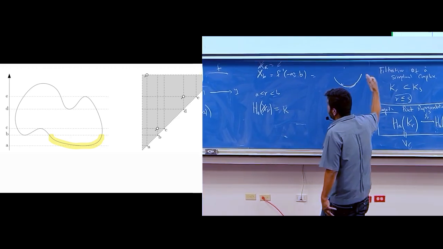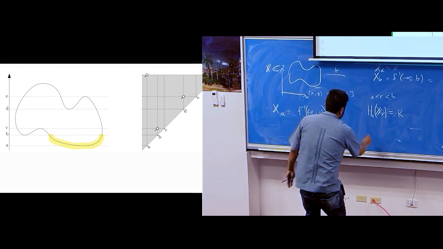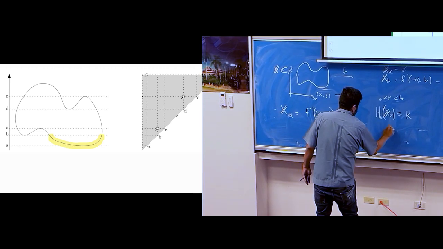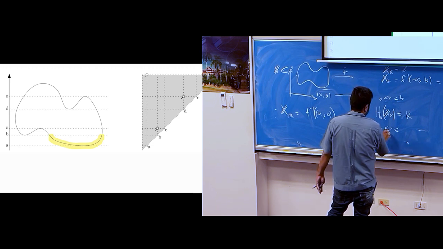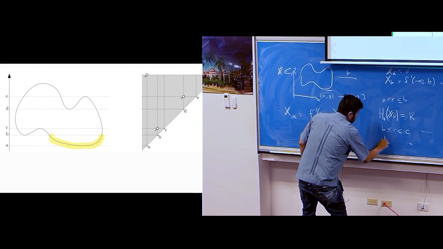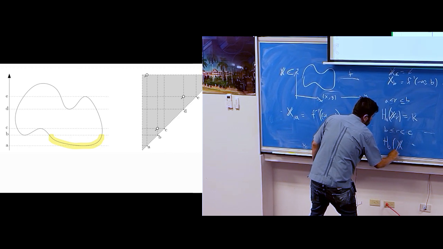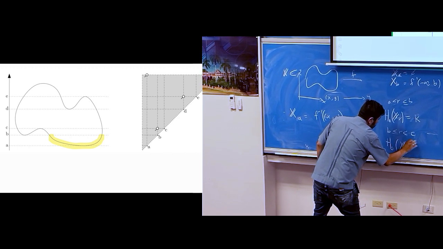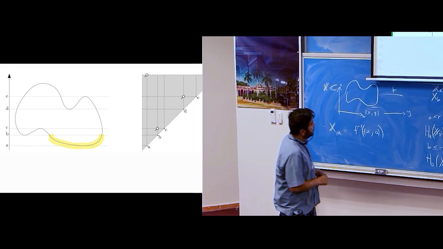And after B, for R between B and C, what is H0 of X_R?